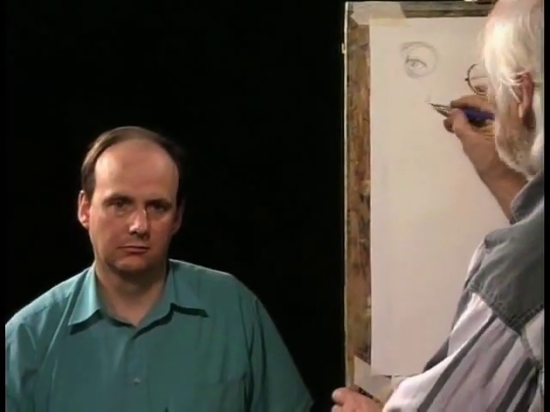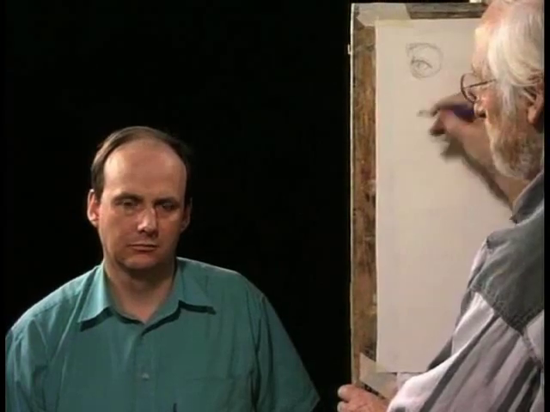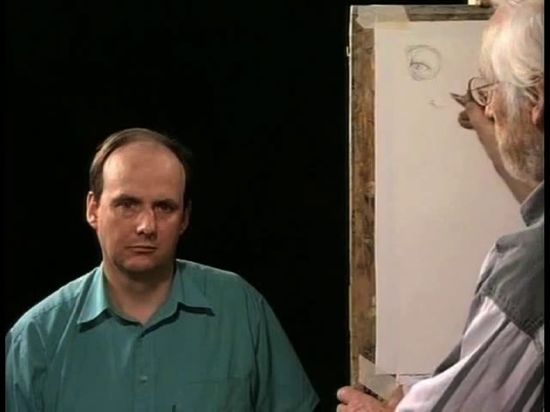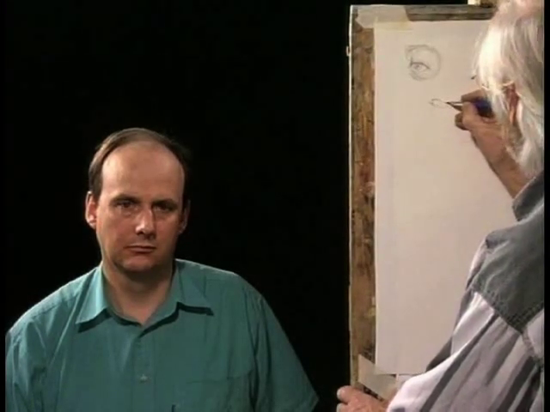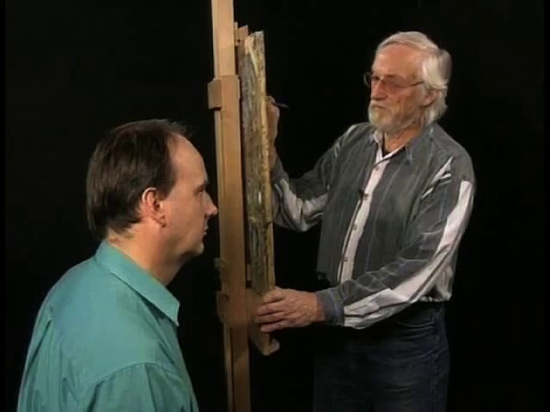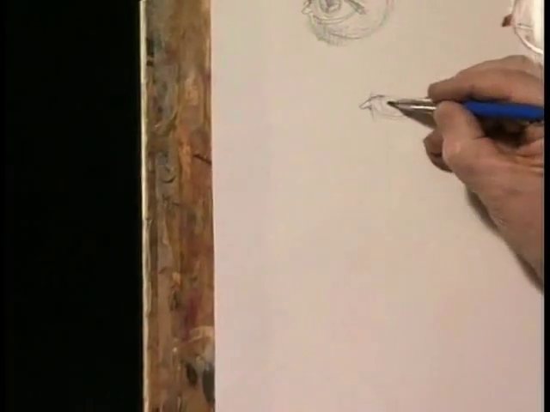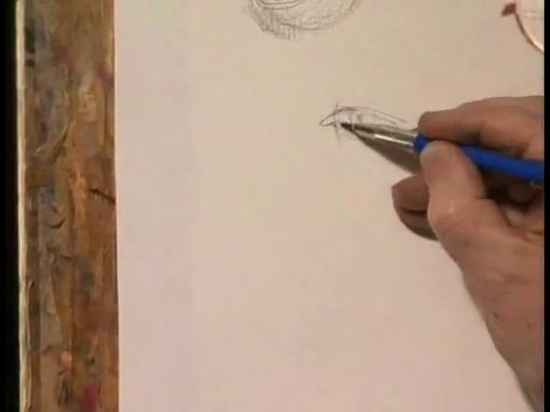I'm going to start here with the lower lid because I can see the inner edge, the inner thickness of the lower lid. And that sweeps round, following what I can see very little of the white, but I know that that's part of the sphere. The upper lid, because of the viewpoint that we have here, is almost disappearing from view under the brow, and here is the iris.